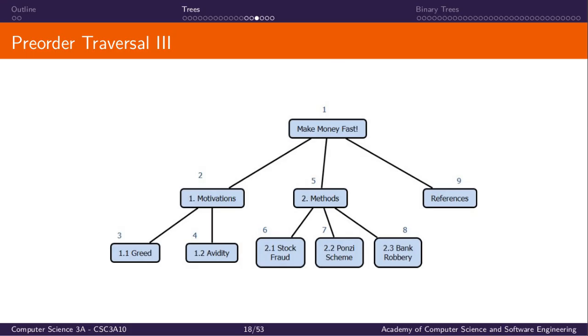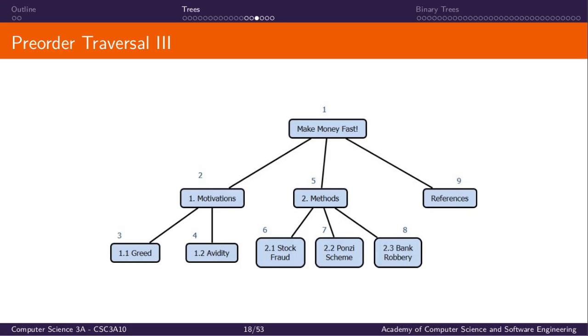So once we visited 2, 3, and 4, we have now visited that node 2, because we visited each of its children. They don't have children, so it ends there. We then go back to 1, because we're actually still busy there. We've only visited one of its children, motivations.